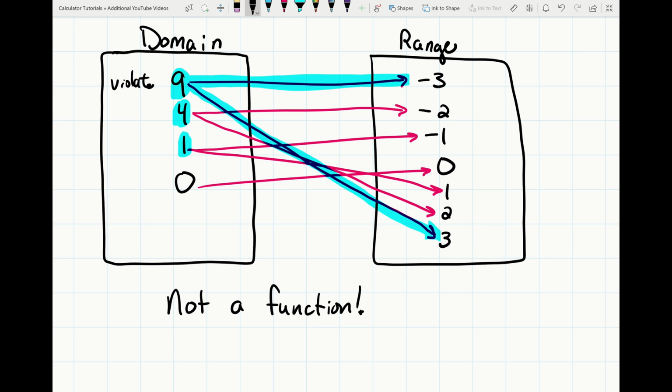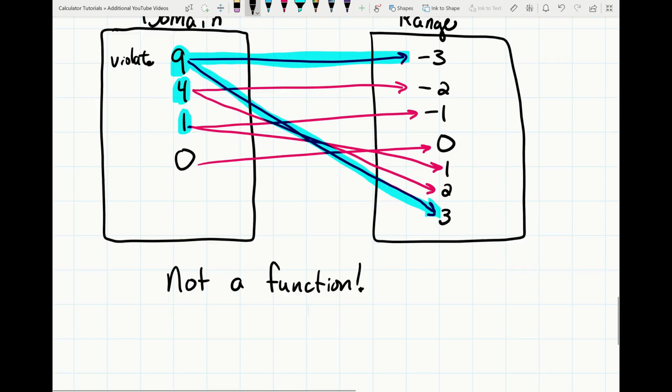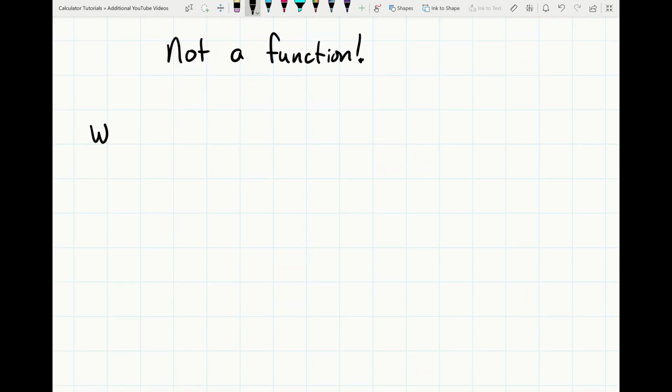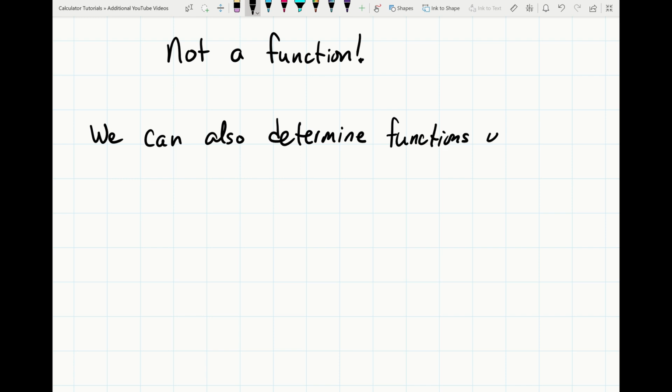Now, the next thing I'm going to do is show you another quick way that we can do this. I'm just going to write, we can also determine functions using the vertical line test.